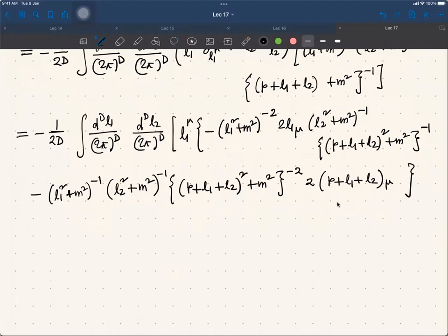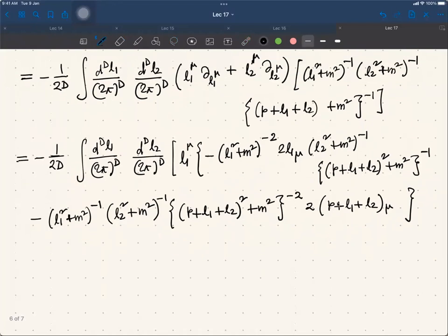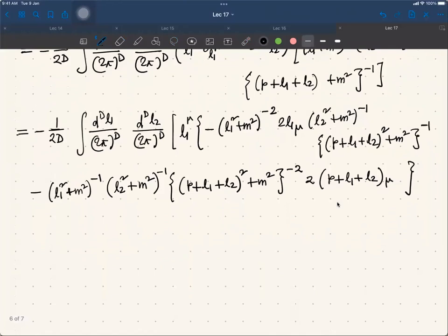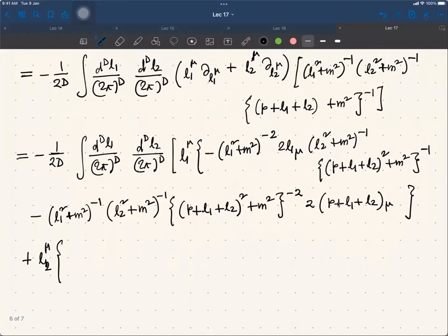Then let us calculate the first derivative acting on the last factor. Let me now calculate the second derivative, which is L2 mu dotted with the derivative terms.